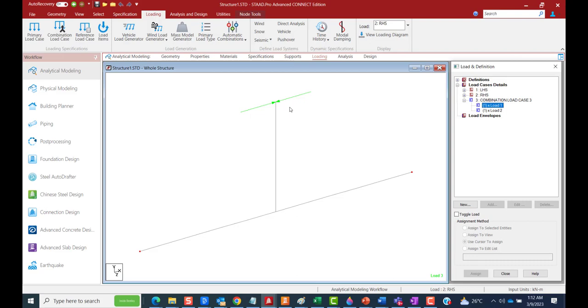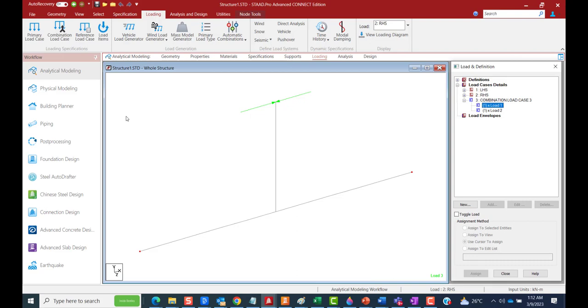So by your intuition, you needn't be a structural engineer or do any structural analysis, you can just guess that this force and this force are canceling out each other, right? So there won't be any reactive forces at these support joints.